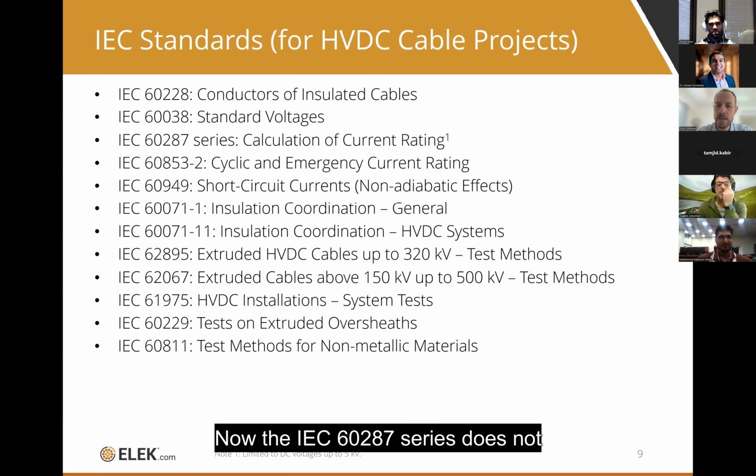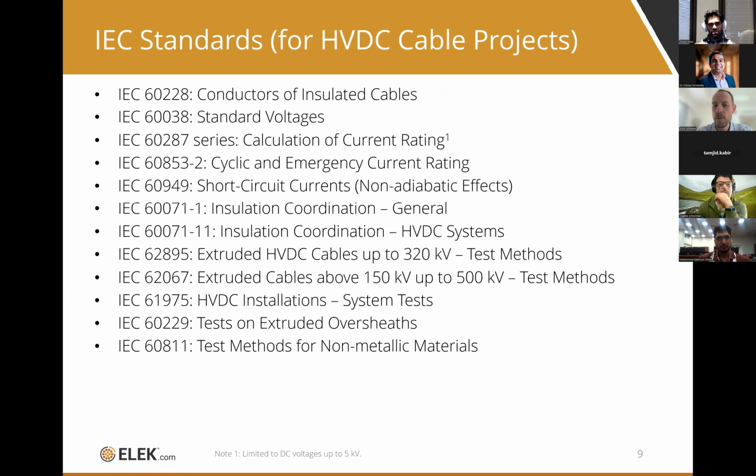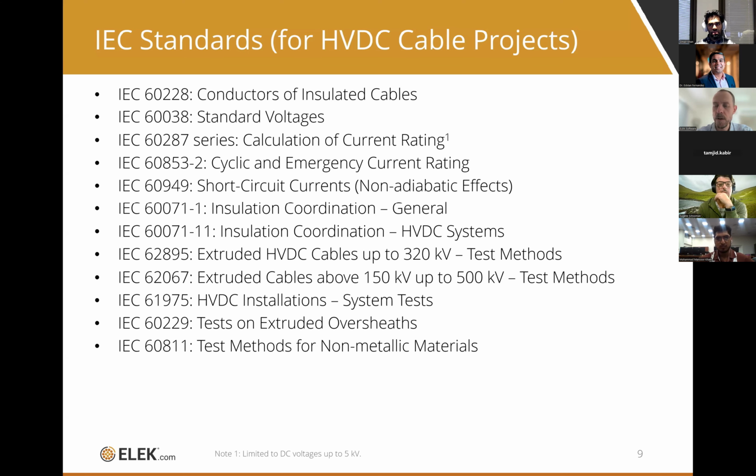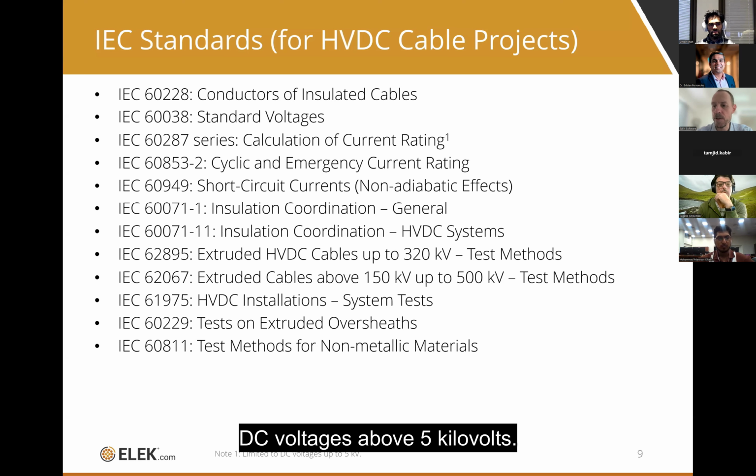Now the IEC 60287 series does not directly provide a method for calculating HVDC cable rating calculations. You need to modify those methods or equations to be able to deal with DC voltages above 5 kilovolts. So that's HVDC.